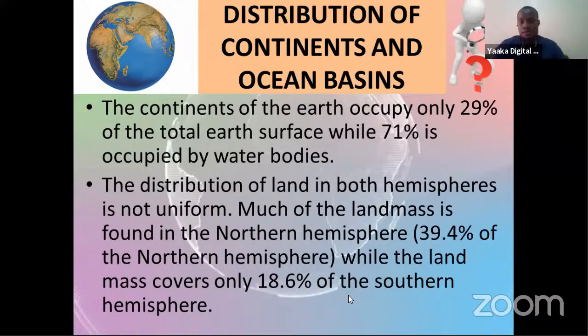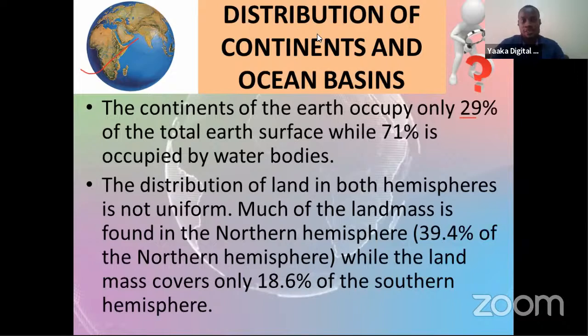Is that clear, members? When we talk of oceans and continents, you find that 29% of the total Earth surface, the whole Earth, the way you can see it here, is land, and 71% is occupied by water bodies.